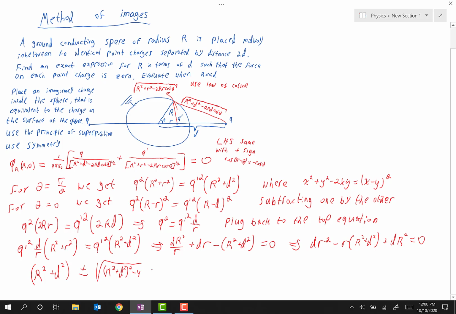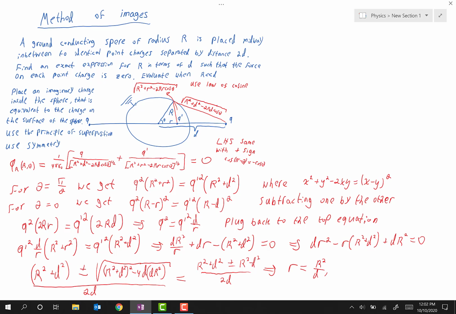In order to solve that quadratic equation, we can simply leave everything in the parentheses and see that under the square root, the second term is only going to flip the R squared plus d squared to R squared minus d squared. While taking this square root, you're going to have the following result. Note that the second result, when r is equal to d, is not applicable in our physical case because our point charge has to lie inside the sphere. Therefore, we can plug it back in and find that q prime is nothing but q R over d.